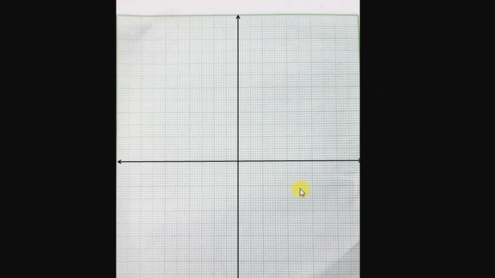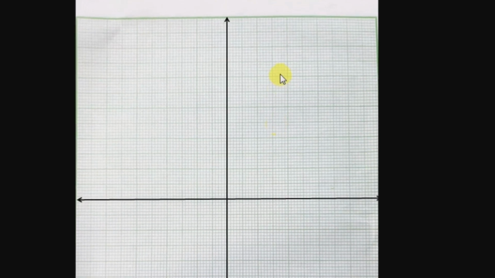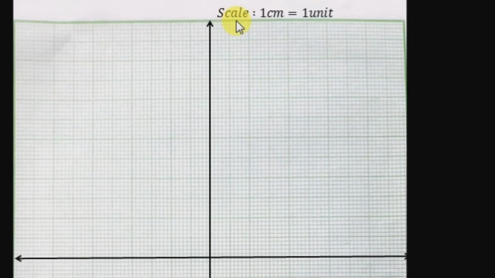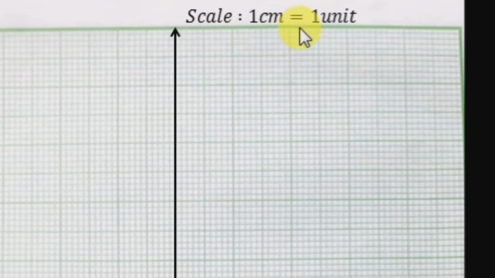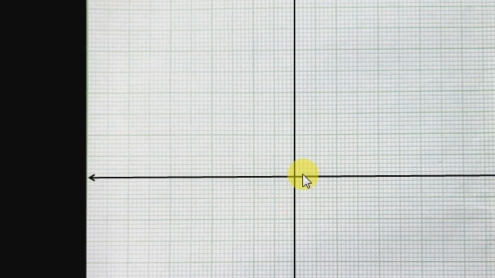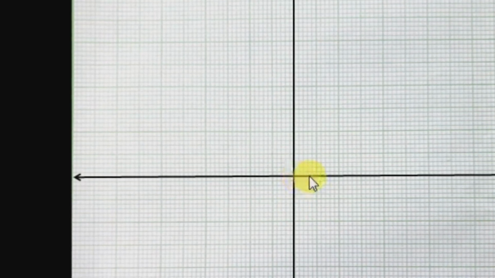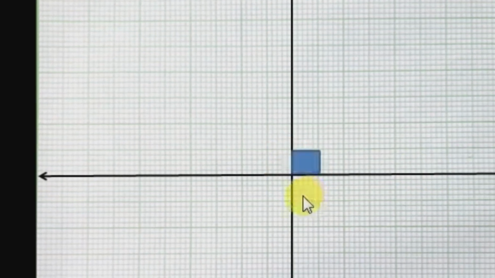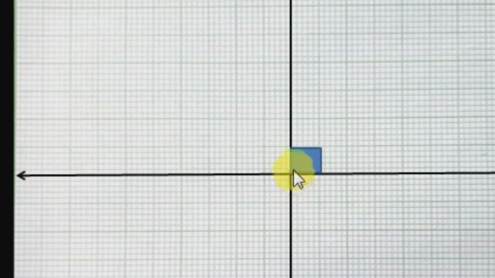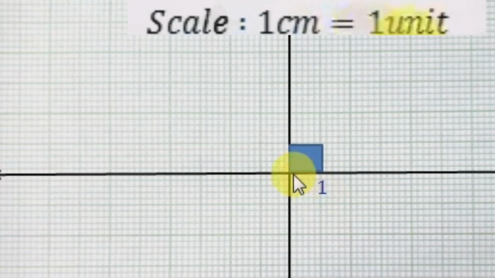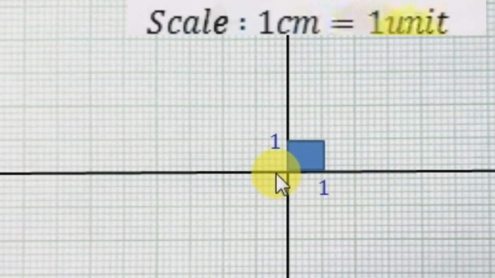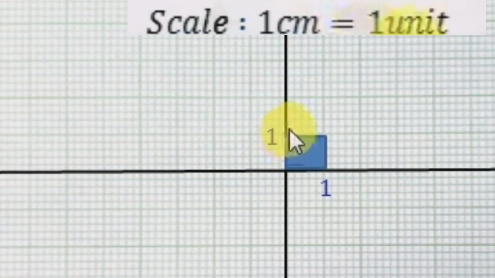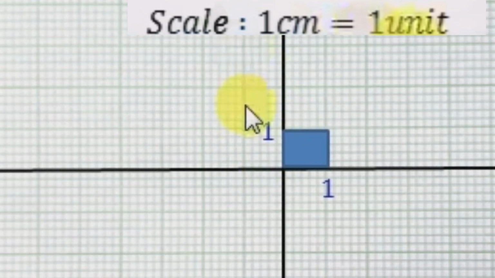Before doing a problem, you need to understand a scale. If the scale is 1 centimeter equals 1 unit, then we will count these 5 small boxes as 1 along the x-axis and along the y-axis. So we'll count these 5 small boxes as 1 along the x-axis, and similarly these 5 small boxes as 1 in the y-axis.